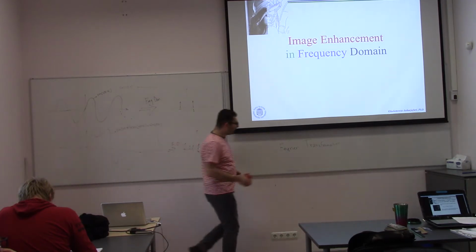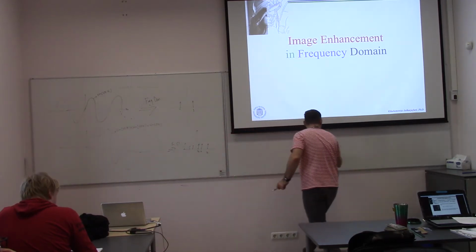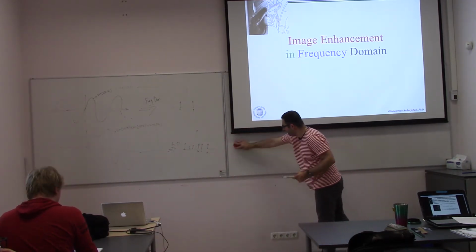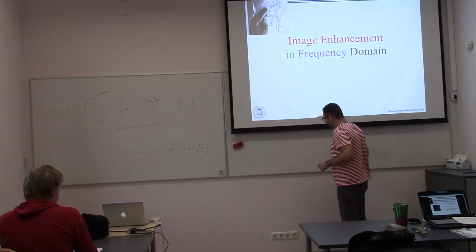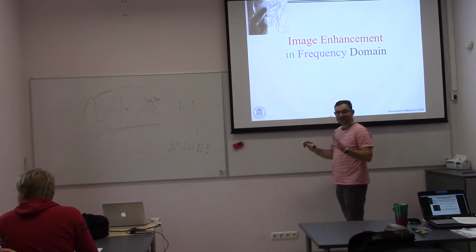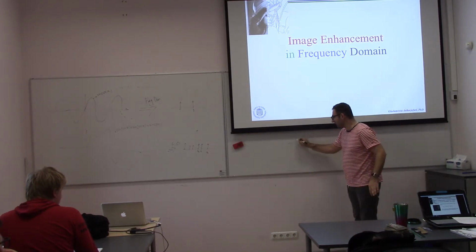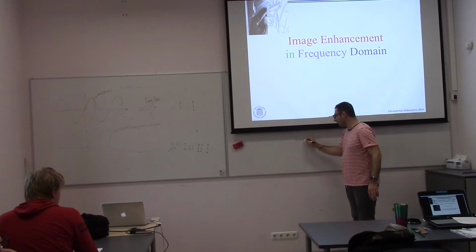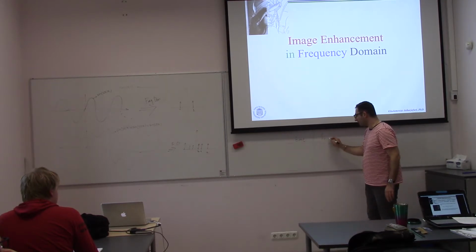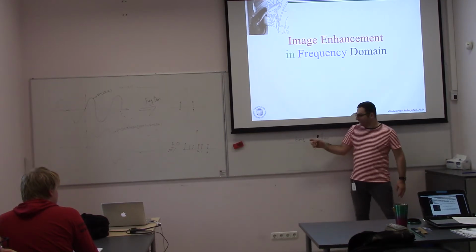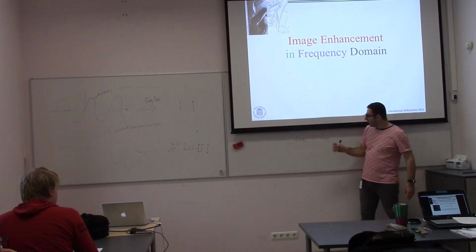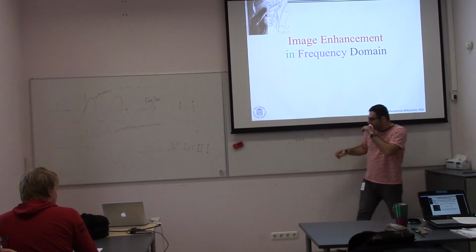Now, there are a few important things that you have to know. Let's stick with 1D, then we talk about image. So, we have time here, we have frequency. In case of 2D, you have the spatial domain in here, and you have the frequency domain in here.